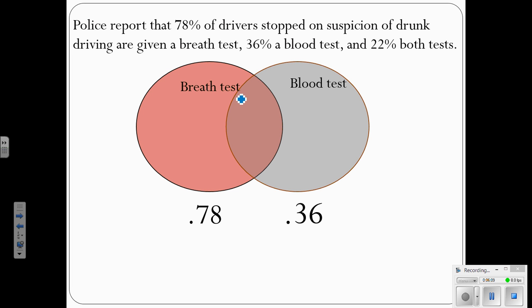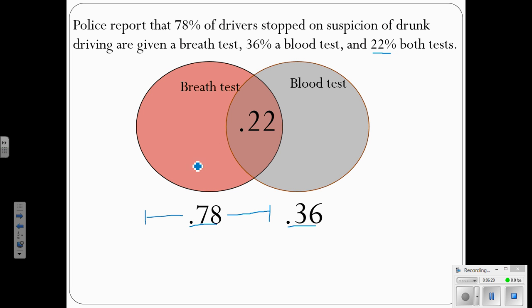Well, right away there's an issue, because if we try to figure out the probability of a breath or a blood test and we add those two together, 78 plus 36 is well over 100%. So what we need to do is account for this 22% that took both tests. We'll put it in the middle. This 78% accounts for the 22% that's already there.